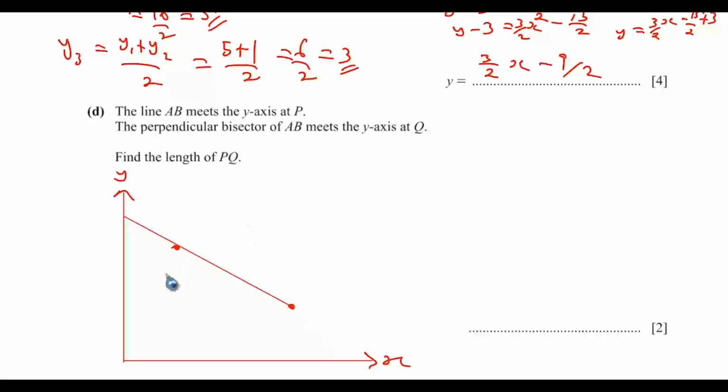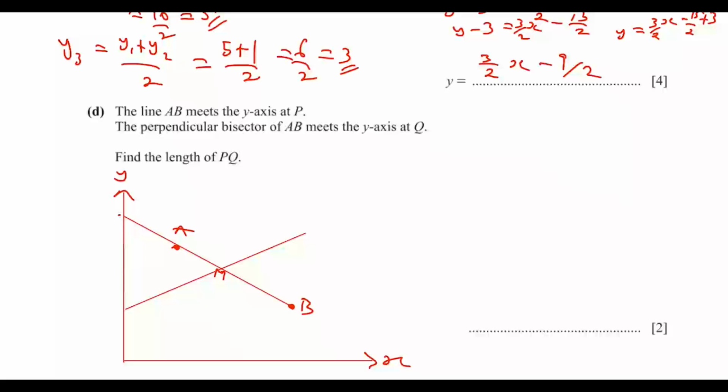Okay, and the perpendicular bisector should be somewhere around here like this. This is just a rough sketch. Let's say you have the perpendicular bisector here. Okay, then this will be point A, this will be point B. So this is the midpoint here.